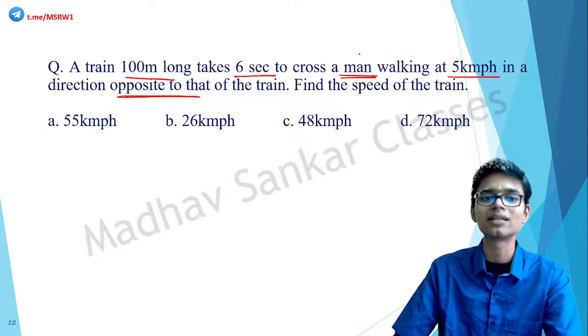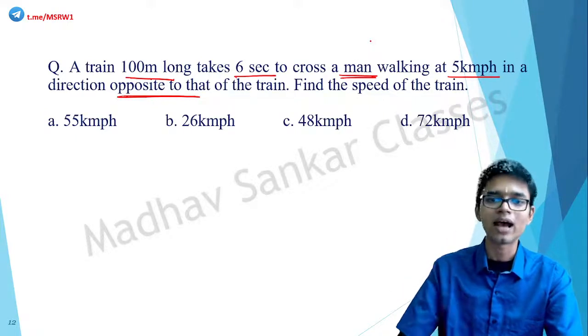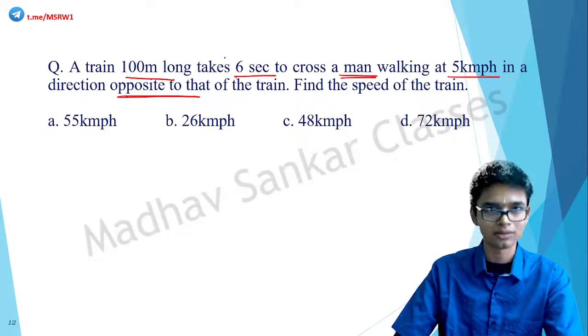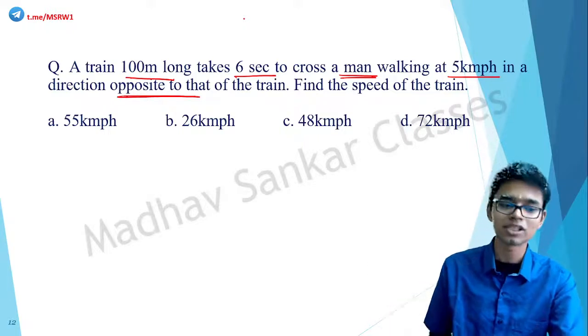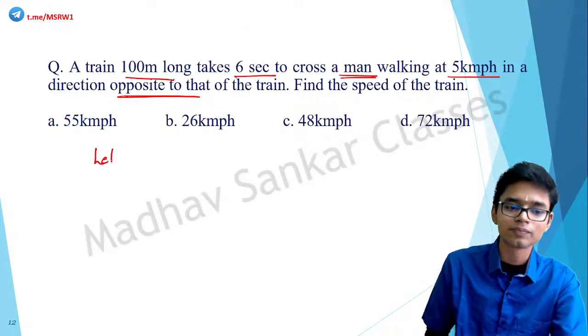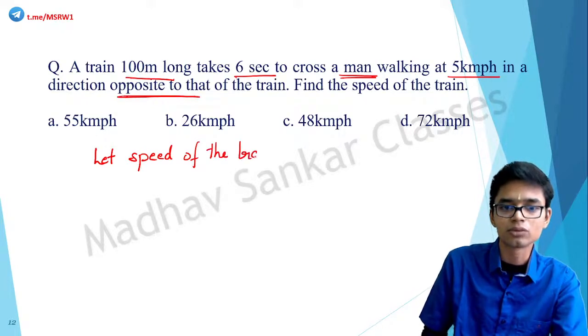The distance is basically the length of the train, 100 only. All right, we have the time, we have the speed of the man, we know the direction in which they are moving. Simply find the speed of the train. Simple question. Let the speed of the train be x kilometers per hour.